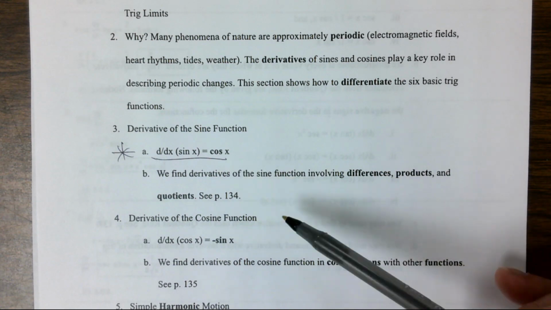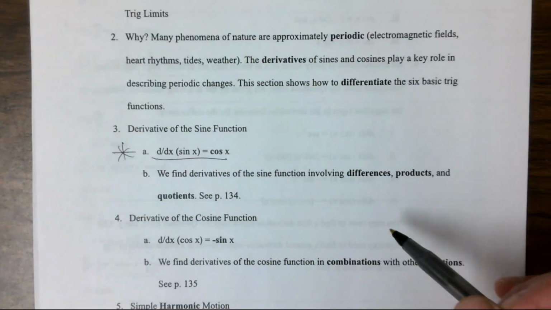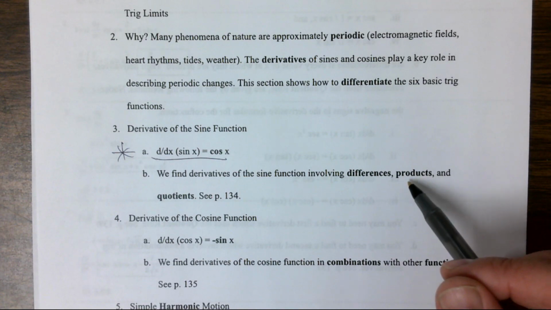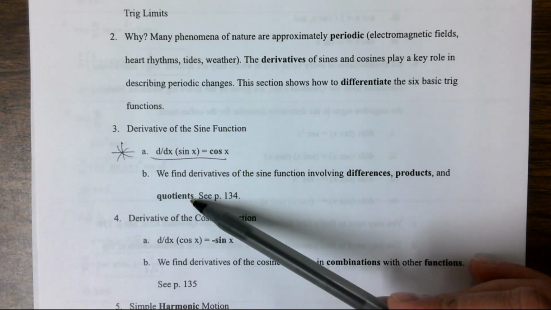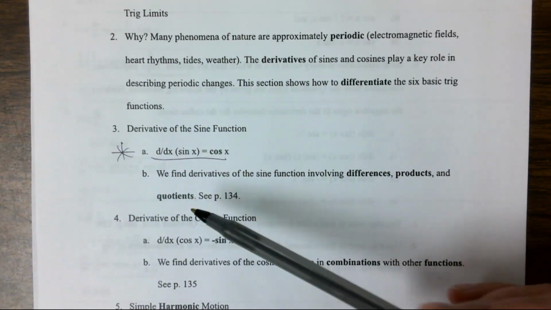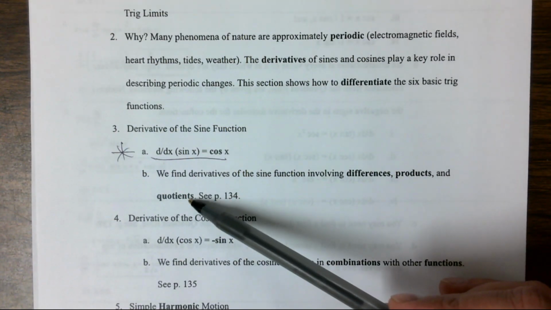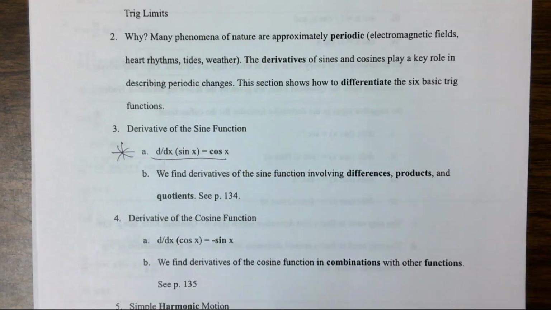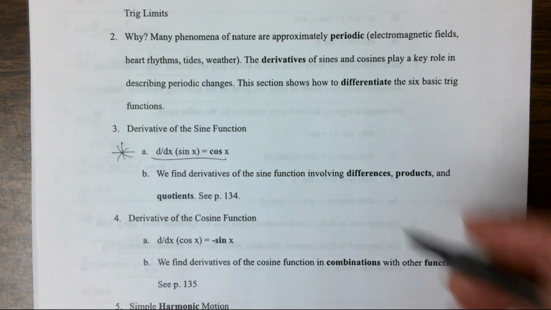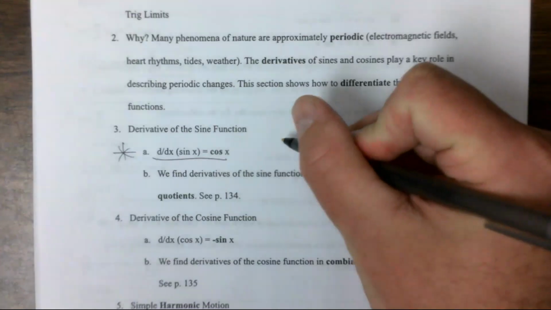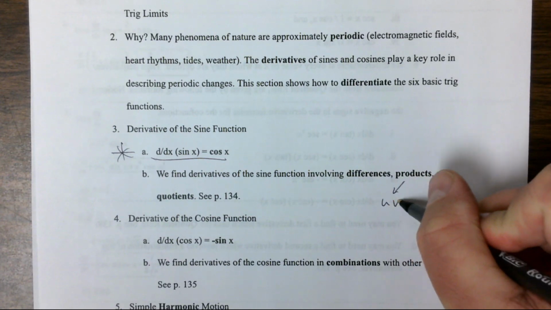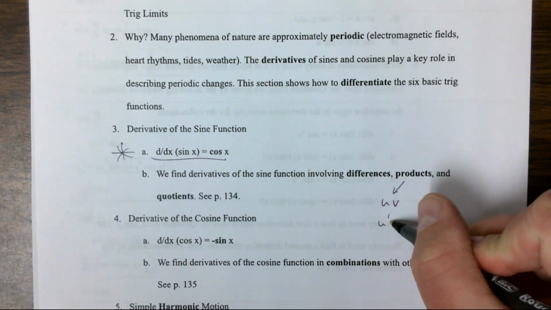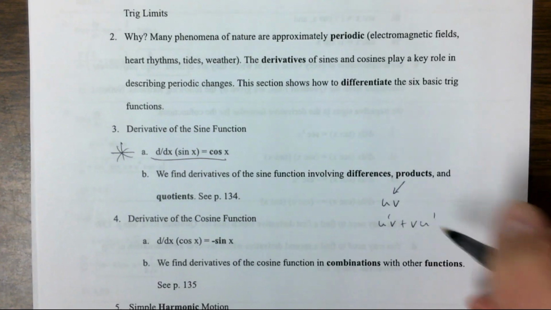You also may have to use the product rule because of products, and the quotient rule, again because of quotients, like division. So you are going to use some of the rules in previous sections. So remember things like, for the product rule, I'm going to say u times v is u prime v plus v u prime.